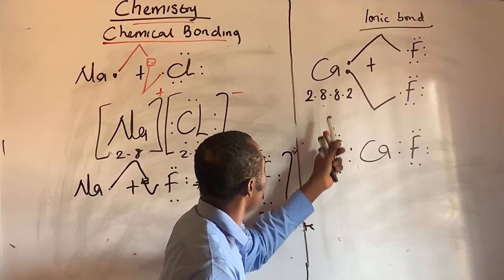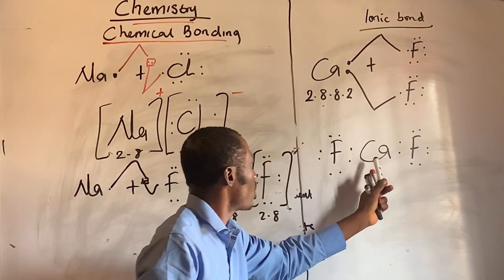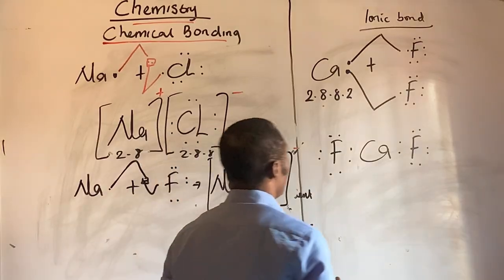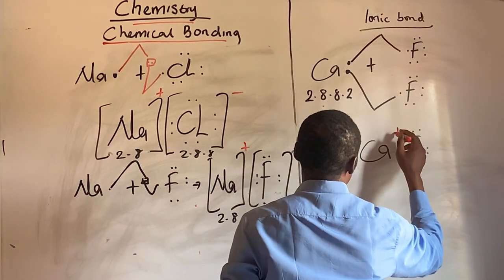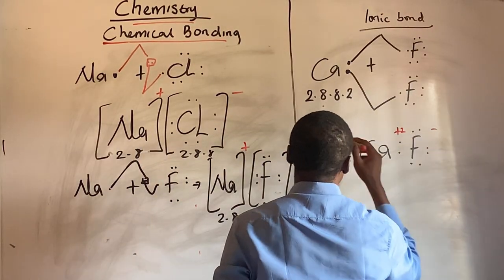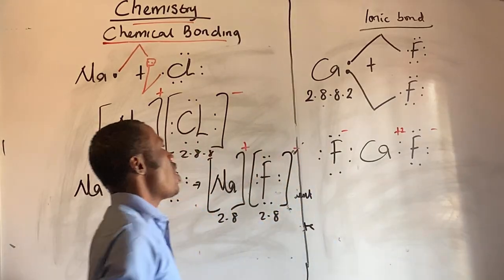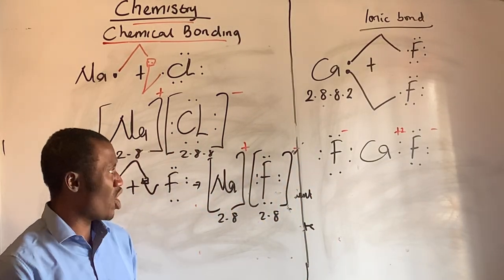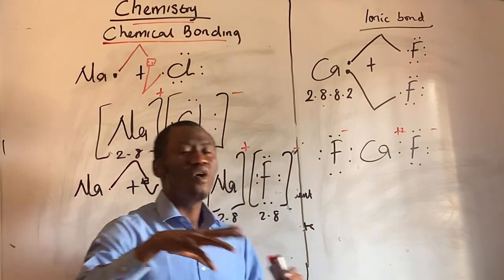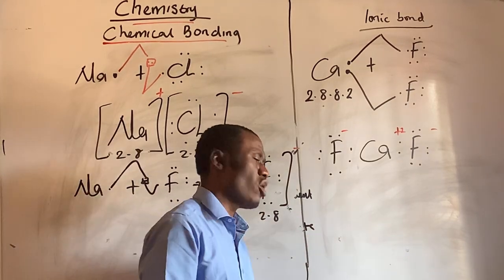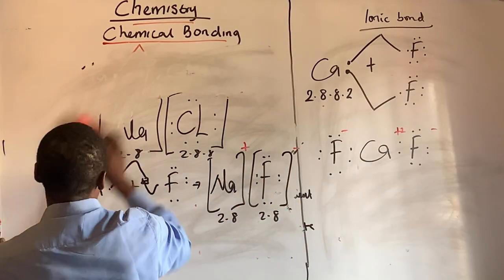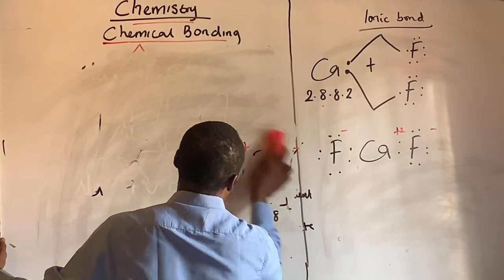This one is also happy because 1 electron is also transferred, making 8. So we have positive 2 and negative, negative. So this is all on ionic bonding. It just involves the transfer of electrons from a metal to a non-metal. And let's go to the covalent bond, or the pure covalent bond.